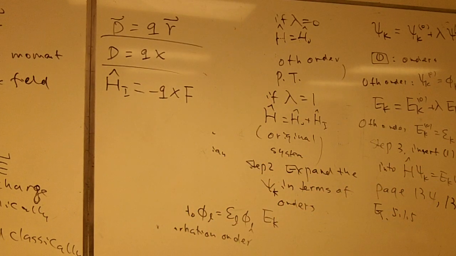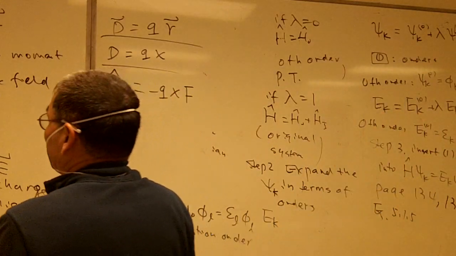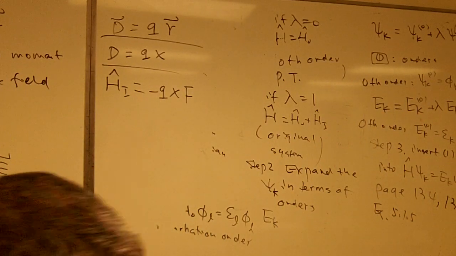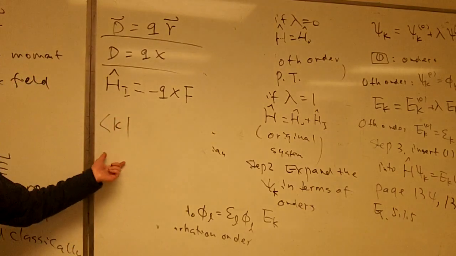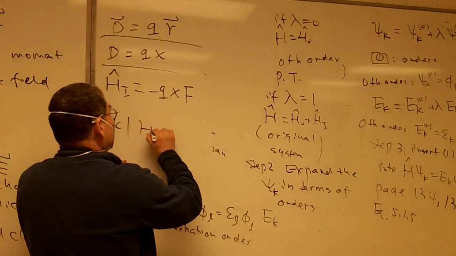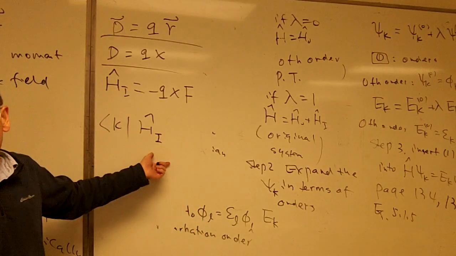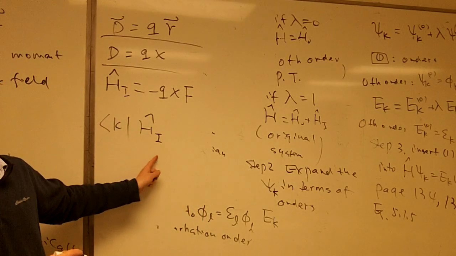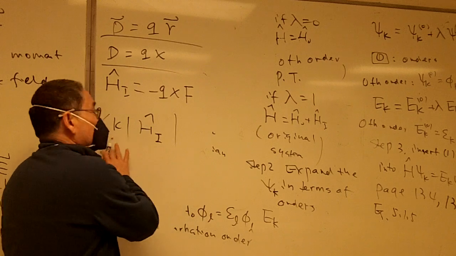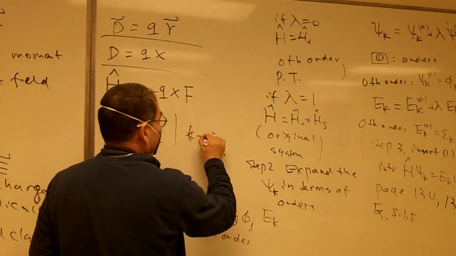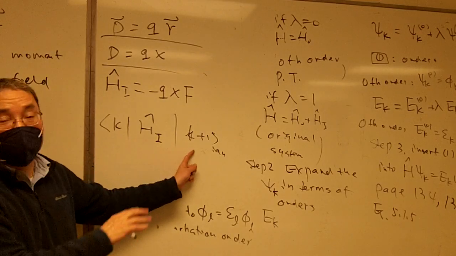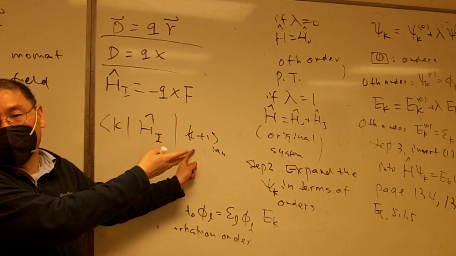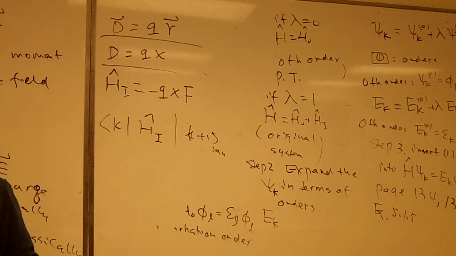When you read it, it will be much better: you call it bra k, then Ĥ with subscript I, and then the ket k plus 1, whatever, so that people know which is the left and the right bracket.